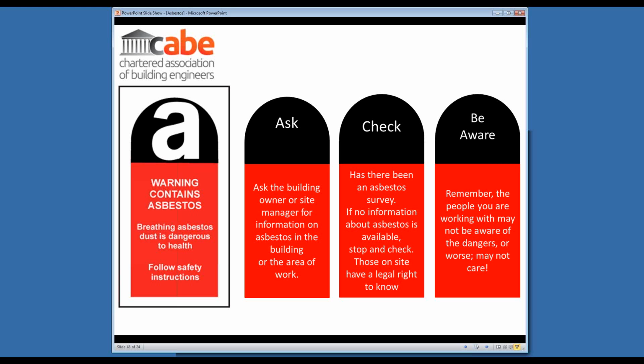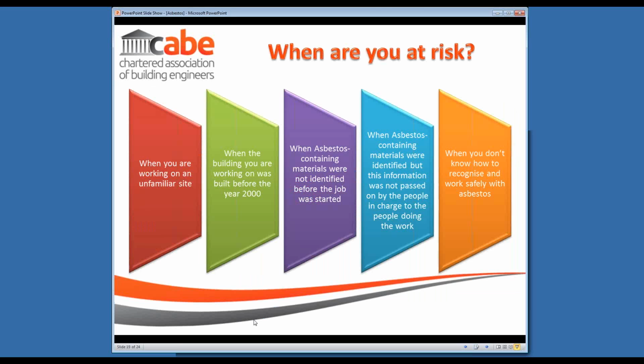To a certain extent, that may well mean that the work stops on site until we've managed to deal with that asbestos risk. So clearly, if you're not in control of the site yourself, but you are visiting the site and you become aware, or you think there may be asbestos on the site, then that needs to be reported back to those in control of the project.